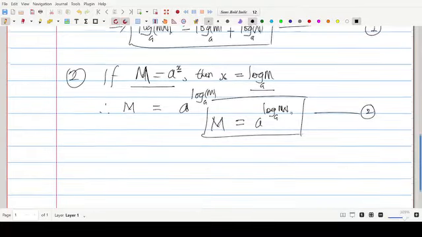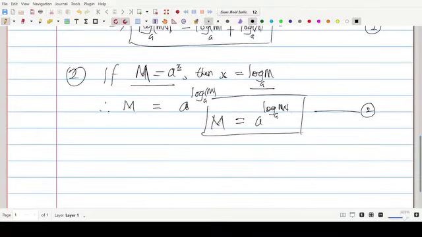An example of this is when we have 5 to the power of log to base 5 of 25. Now, observing this carefully, see that this 5 is raised to a log whose base is also 5. So therefore, the result of this entire expression becomes the antilog, which is 25.